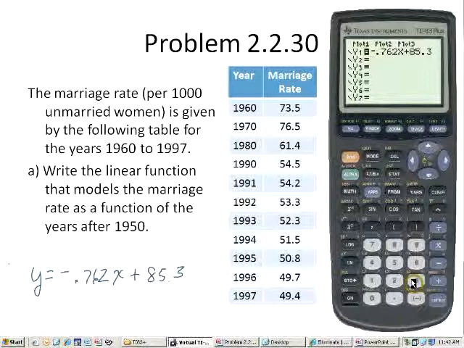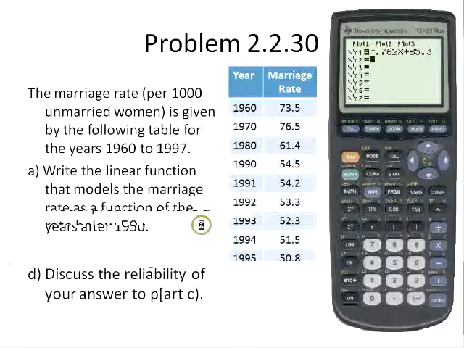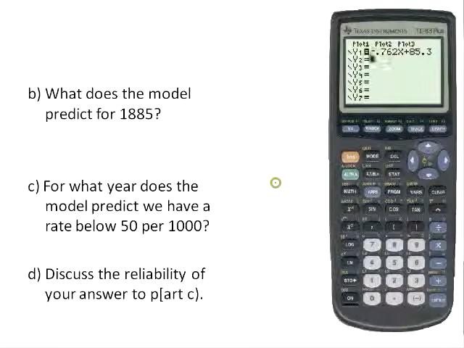All right. Now let's go to part B of this. It says, what does the model predict for, and I have a typo in here, this should be 1985, so let's get that typo fixed.